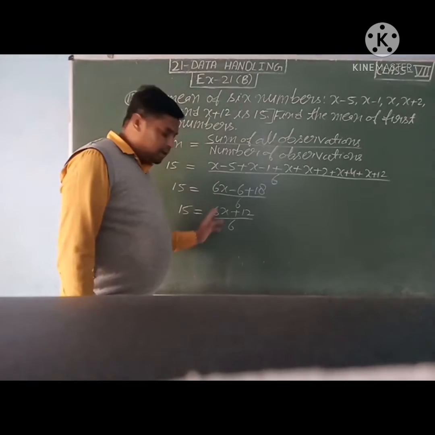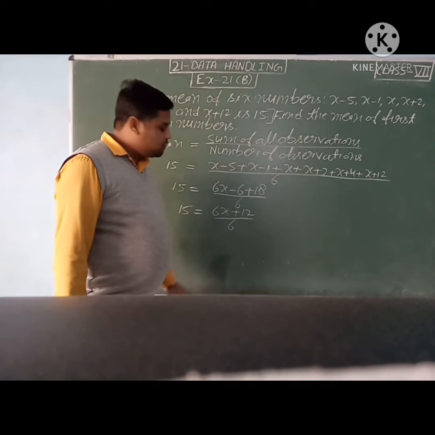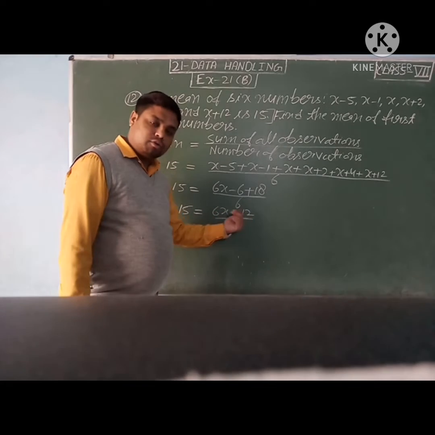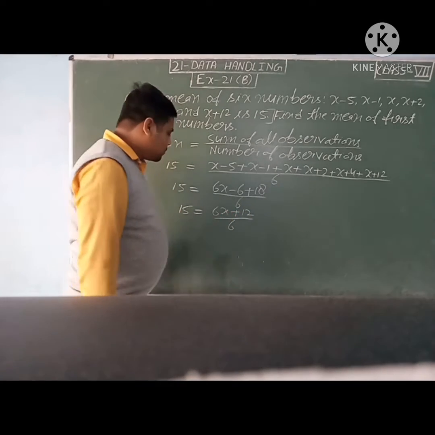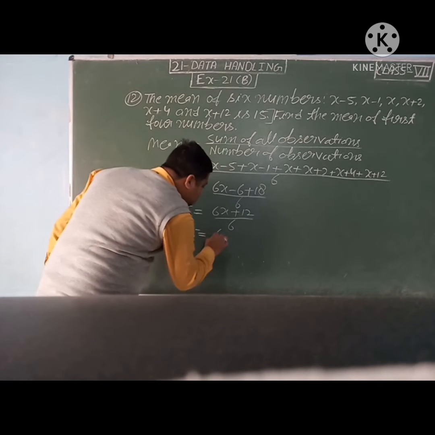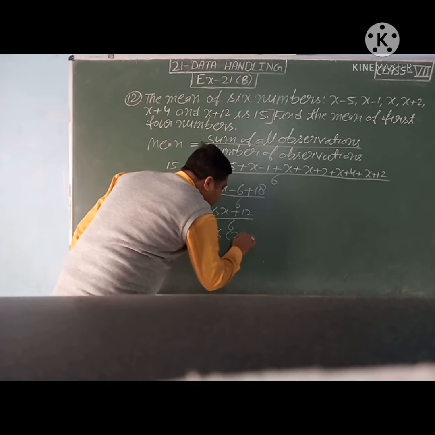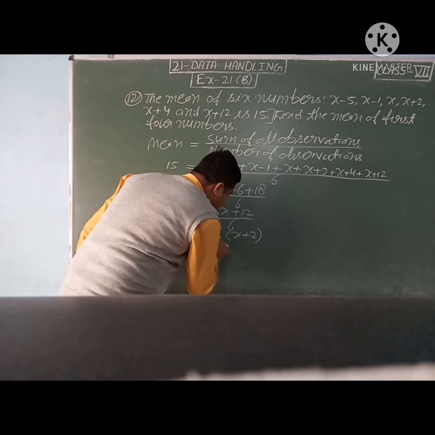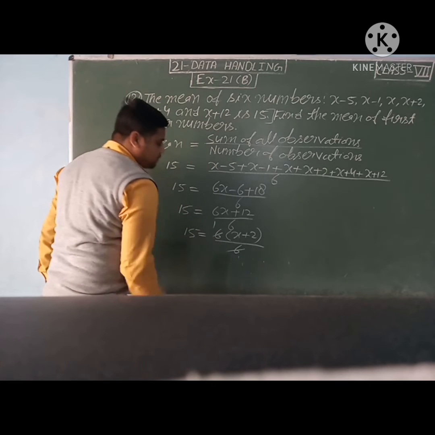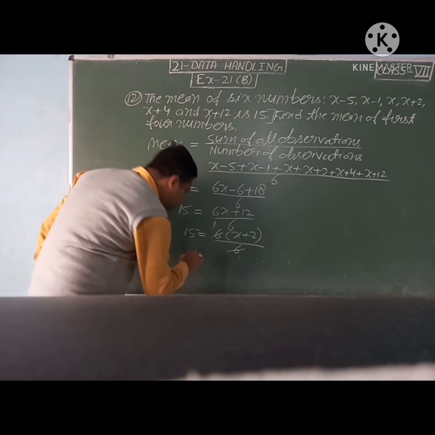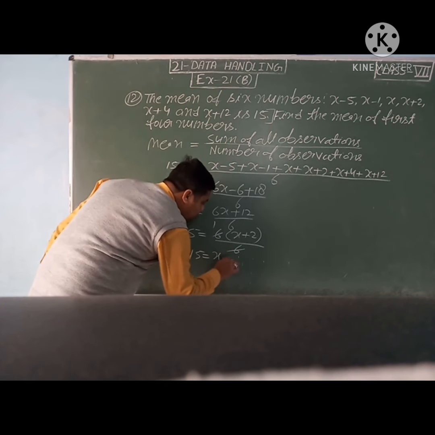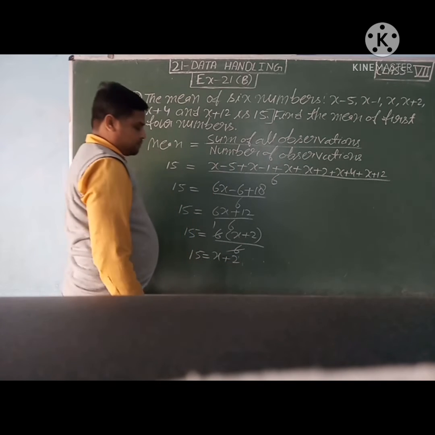We can do cross multiply also, or we can take common between 6x and 12. So take 6 common. 15 is equal to 6 common, x plus 2 upon 6. 6 cancels with 6. So 15 is equal to 1 into x plus 2.